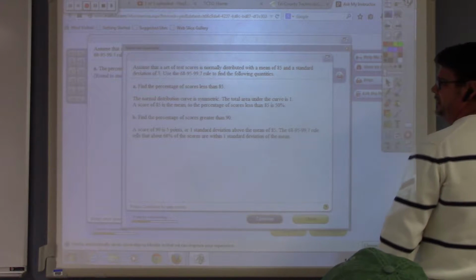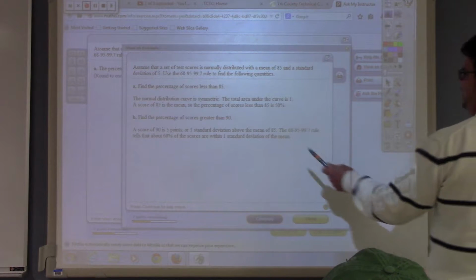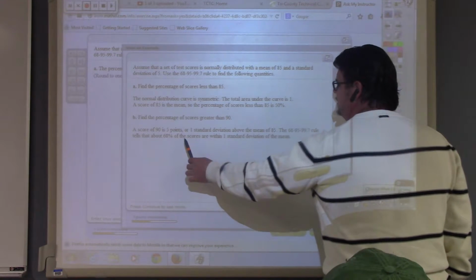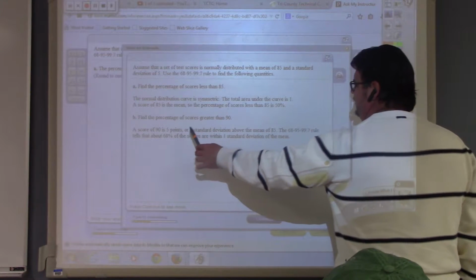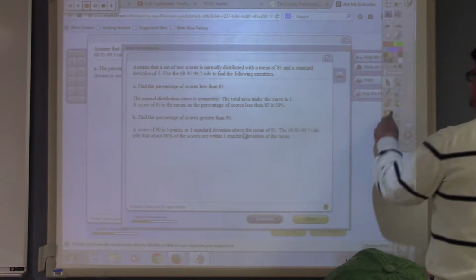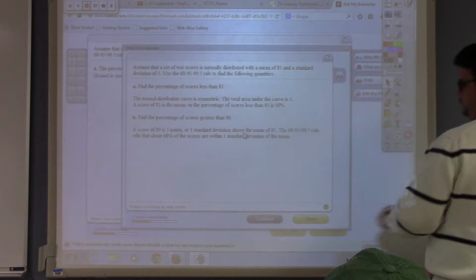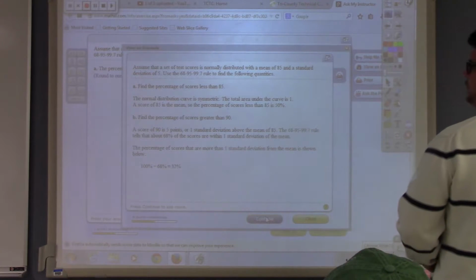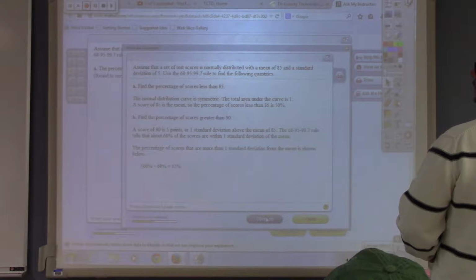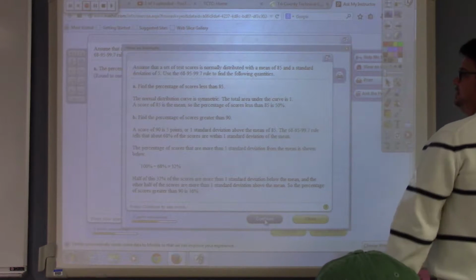That doesn't even make sense. This right here is saying use the empirical rule to get your percentages. But I can see why you're confused. I think we'll just leave that alone.